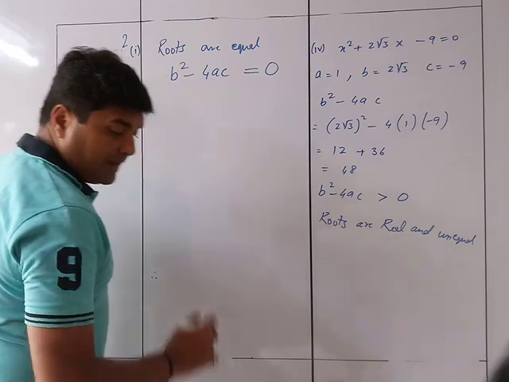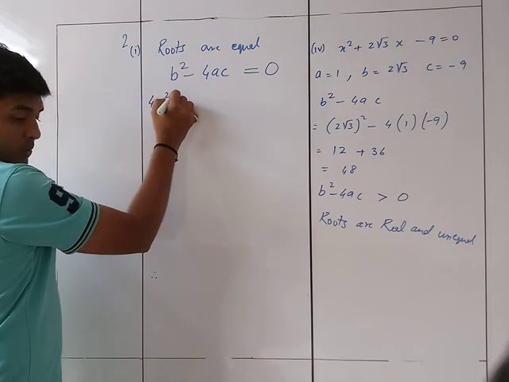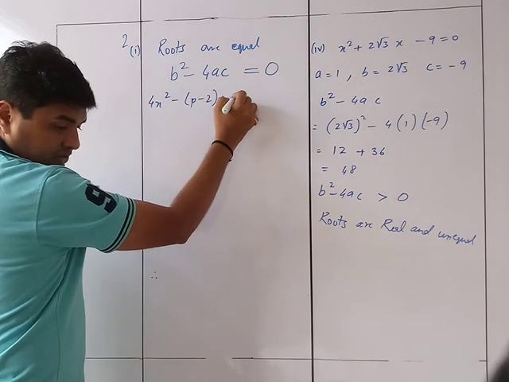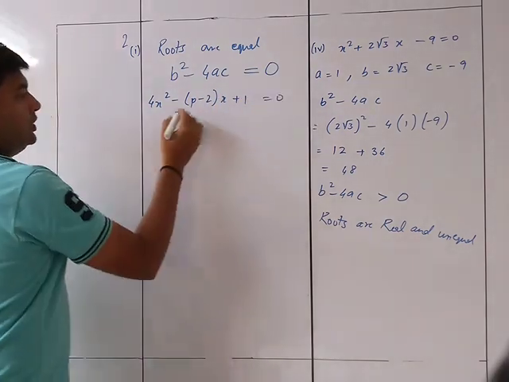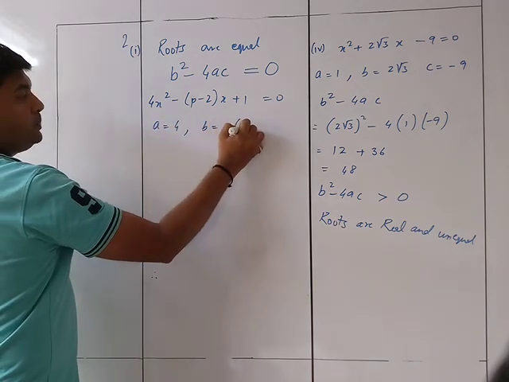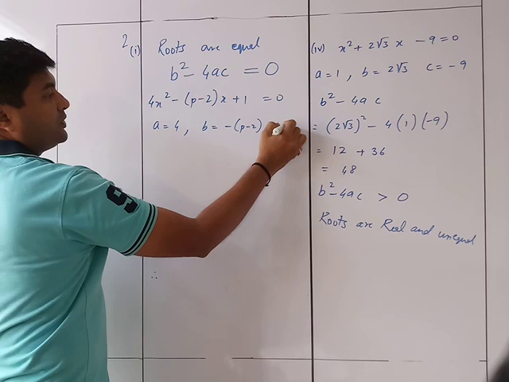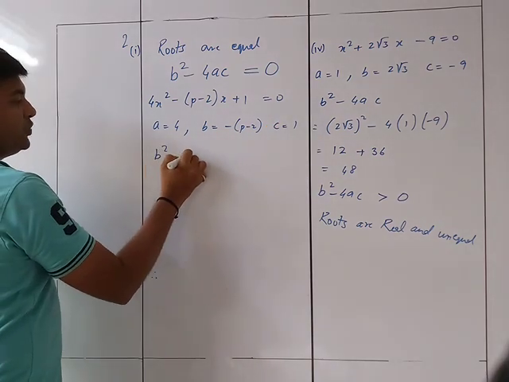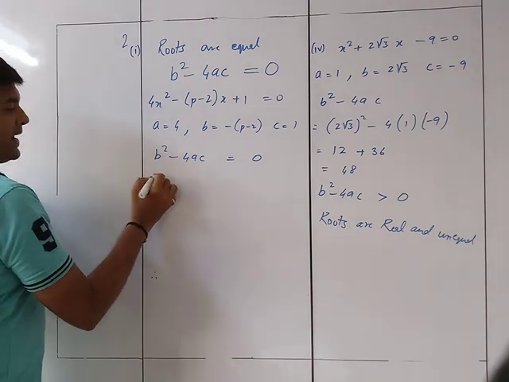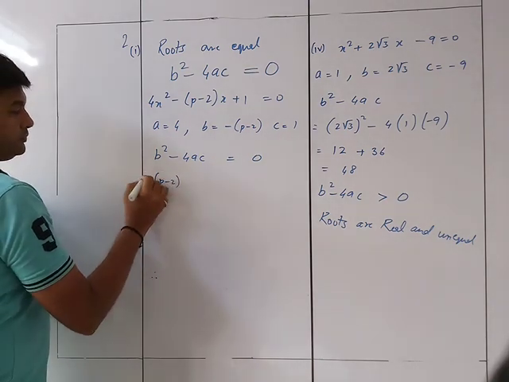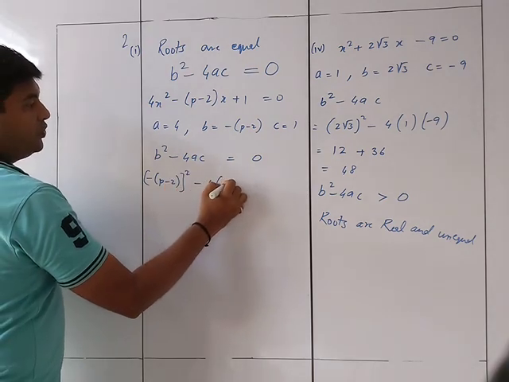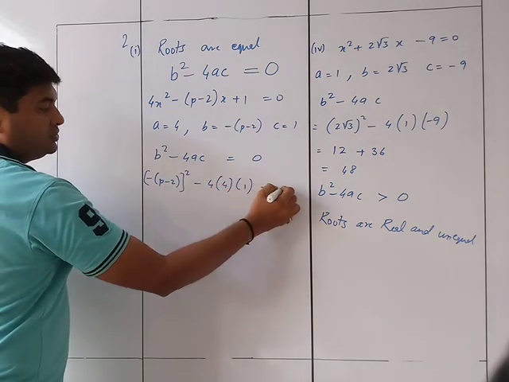Hence the equation here is given as 4x square minus p minus 2 x plus 1 is equal to 0. So here a is equal to 4, b is equal to minus p minus 2 and c is equal to 1. So b square minus 4ac is equal to 0. We already know this. Hence it will be minus p minus 2 the whole square minus 4 into 4 into 1 is equal to 0.